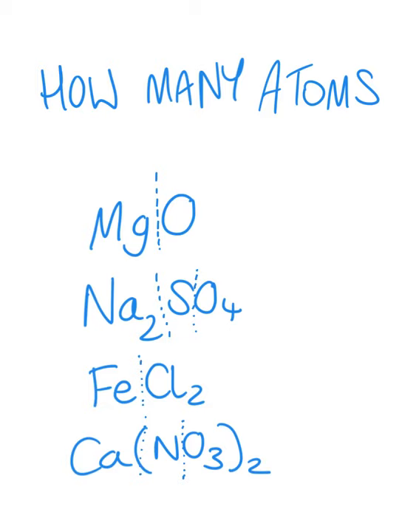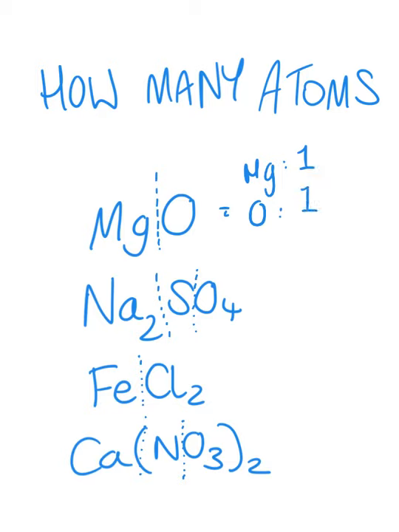So we said we had magnesium and we had oxygen. There is one of each of those. There's no small numbers. If there's no small numbers next to any elements, you assume that there is one of that atom. So there is one of each of those.